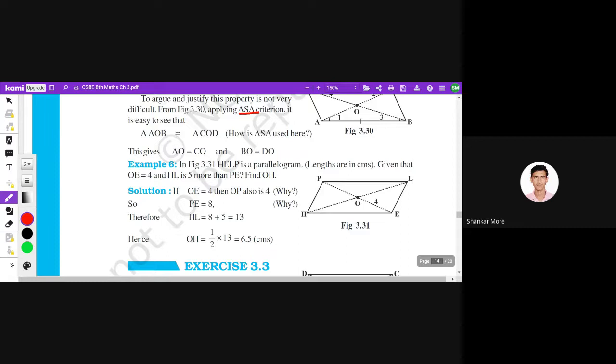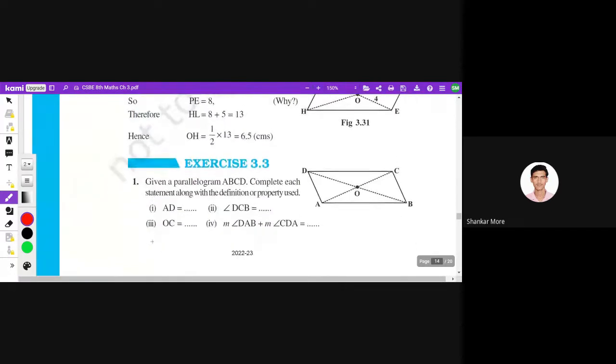We have to find out OH. So OH will be equal to half of HL, right? क्योंकि O जो है that is midpoint. So it's going to be 6.5. 13 को अगर आप 2 से divide करोगे, so it is going to be 6.5, right? Yeah, exactly. So this is how we can find out.